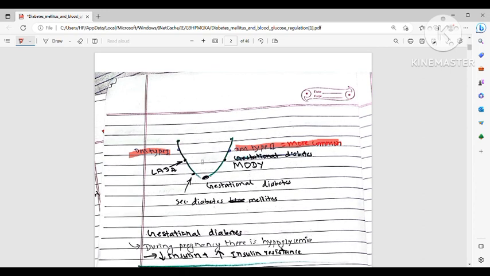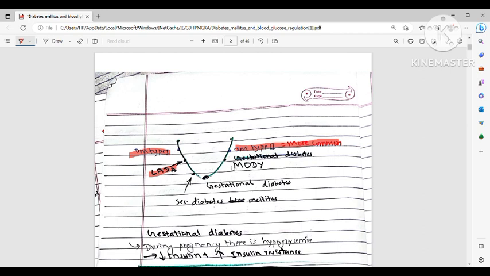Type 1 diabetes mellitus occurs mostly in children, and type 2 diabetes mellitus occurs mostly in adults over 40 years. But if type 1 diabetes mellitus occurs in an adult rather than a child, it is called LADA, latent autoimmune diabetes of adult.